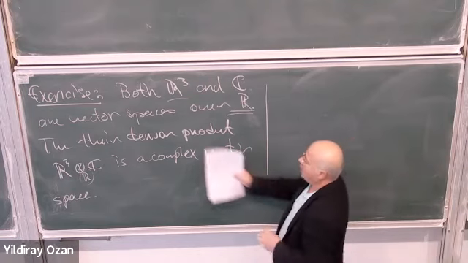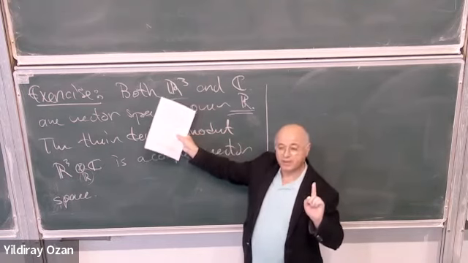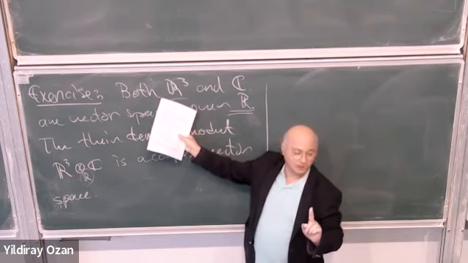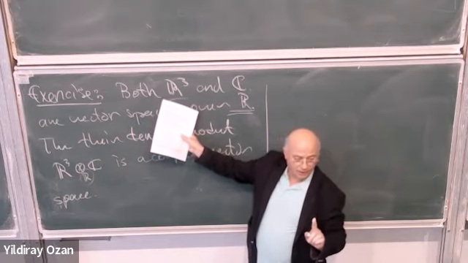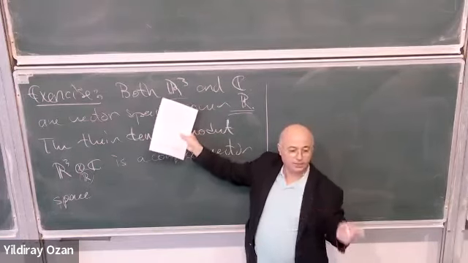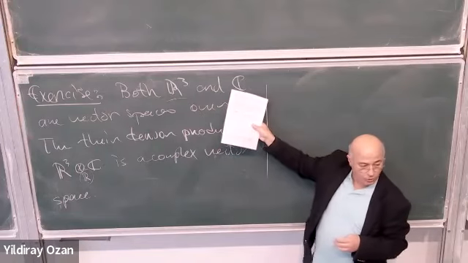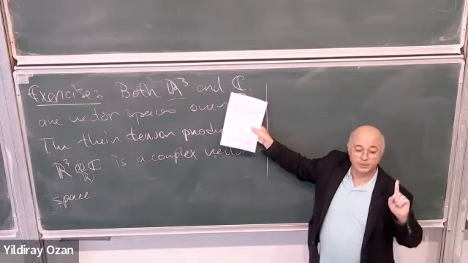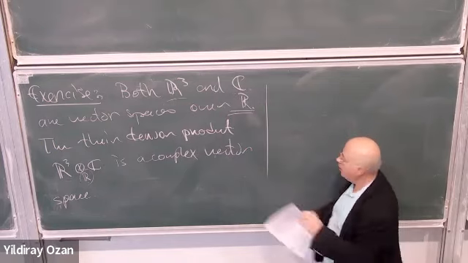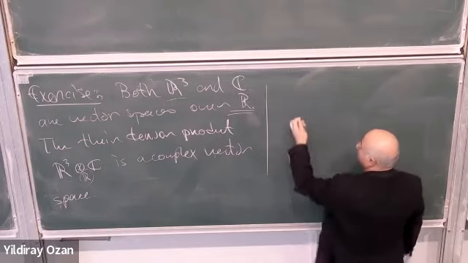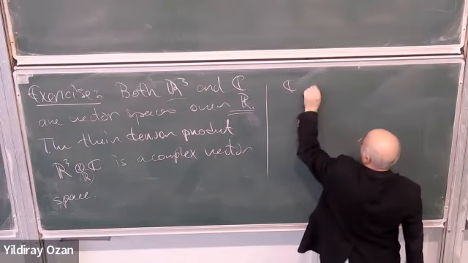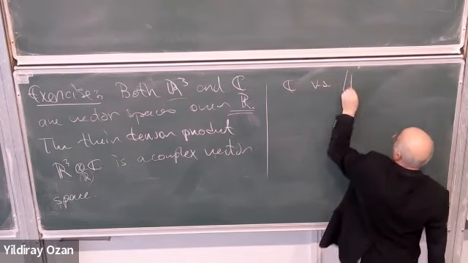Okay, now we know what the vector space structure on R3 is. These are just triples. We multiply them by real numbers, we add them, and so on. We consider also C as a vector space over R. What was the operation here?